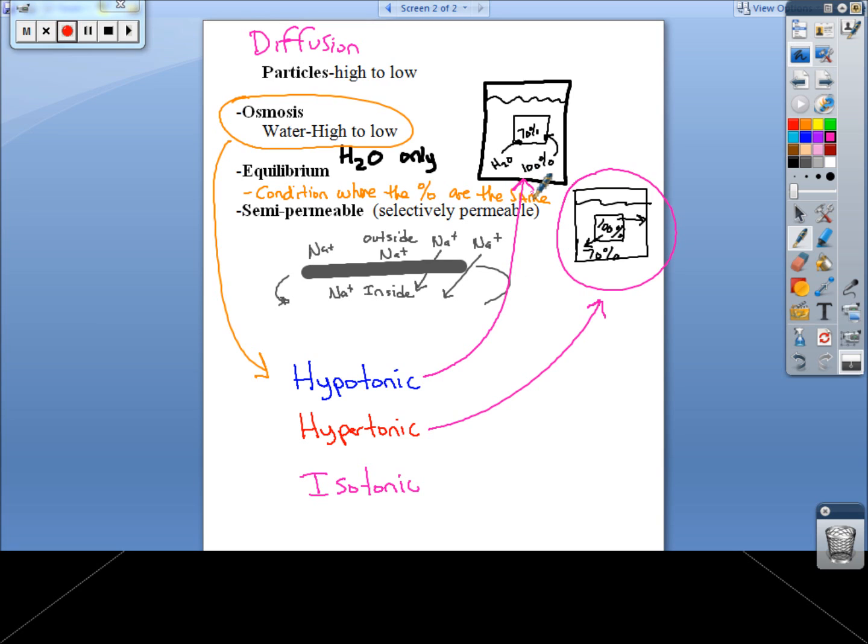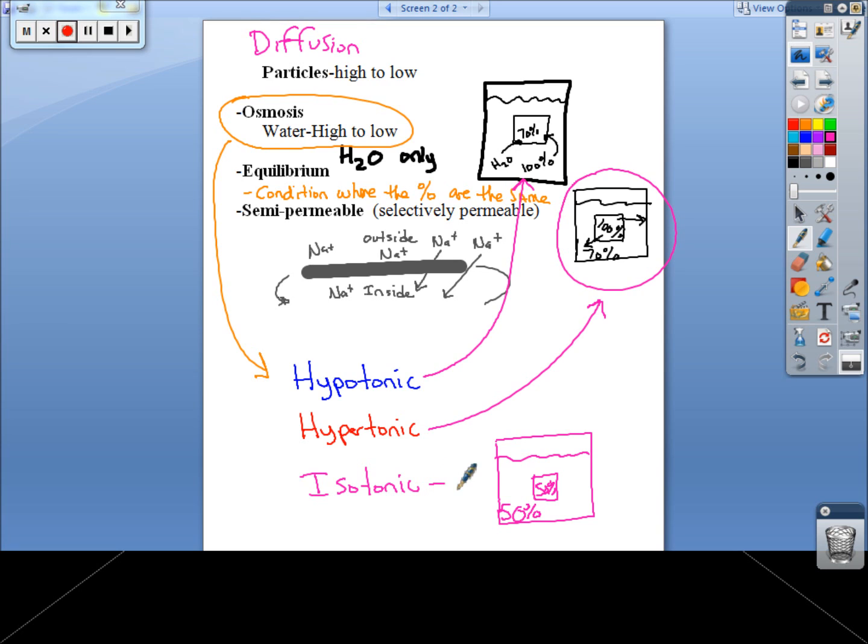Okay. Then we have isotonic. That's the condition where they're the same. Okay. So if we have this water, and we have a baggie in it, and this is 50% water, and this is 50 in here. They're isotonic. They're the same. They will do nothing. Nothing will get exchanged because they're the same.